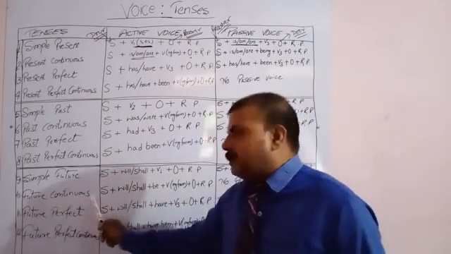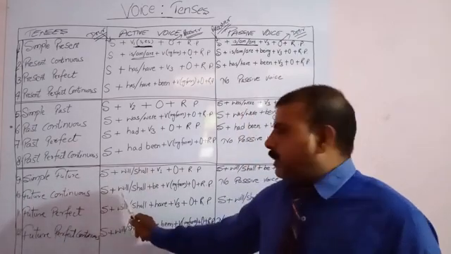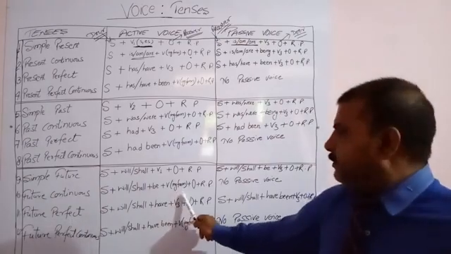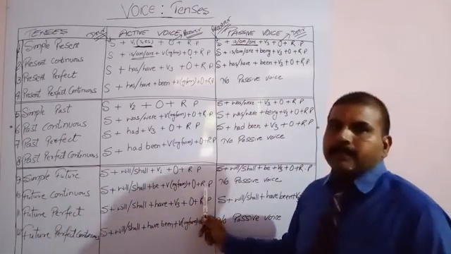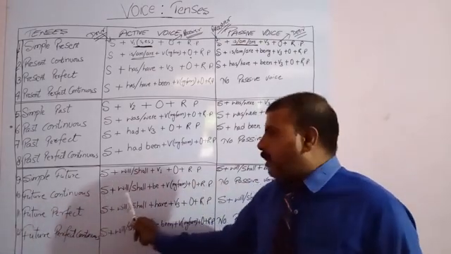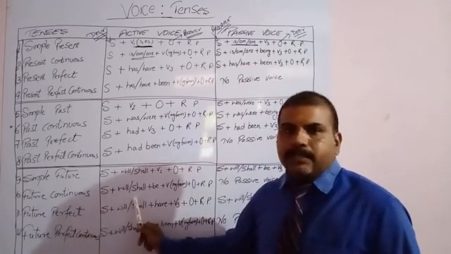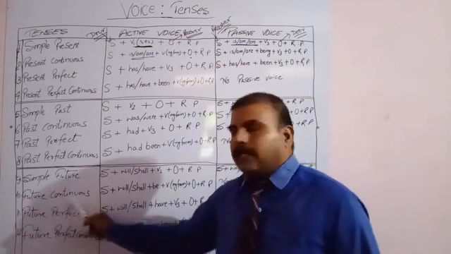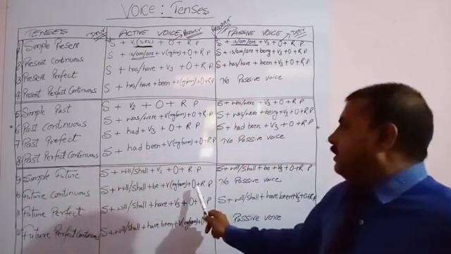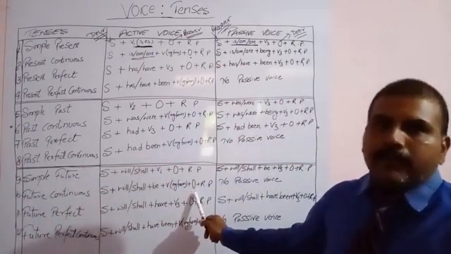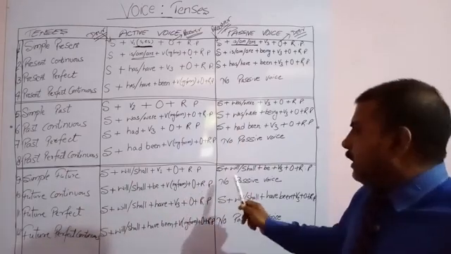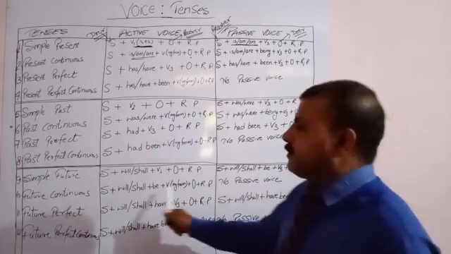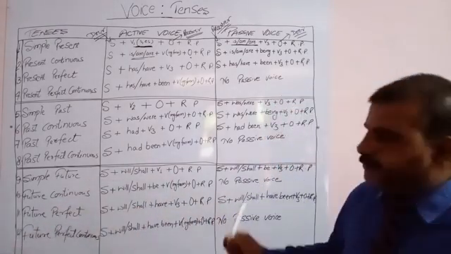Likewise, in future continuous tense: subject, then will or shall, be, then verb ing form, then object, the receiver of the verb, and the remaining part. For passive voice we just write no passive voice for future continuous tense.